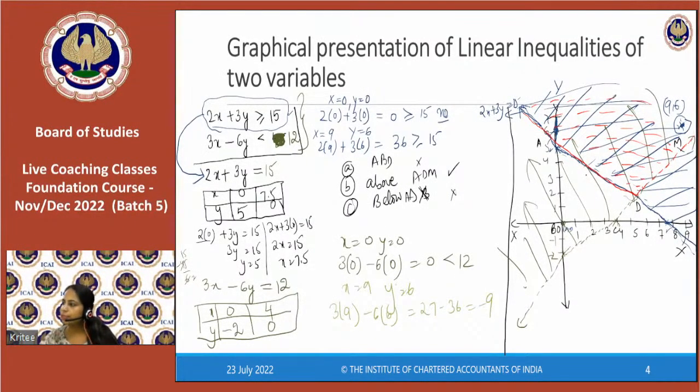I just now explained with arbitrary solution, Khushdeep. x equal to 0 and y equal to 0 is the point which I assume is my answer. I put it in the inequality. If 0, 0 satisfies that inequality, my shading will move towards that answer.